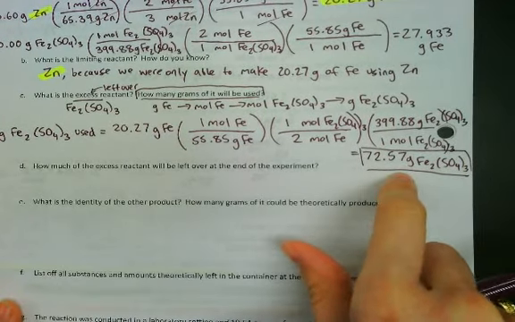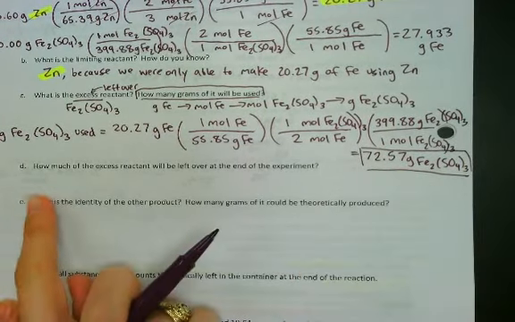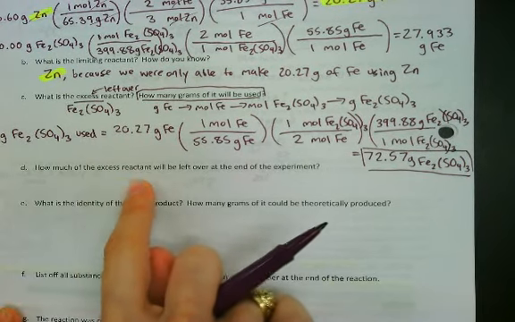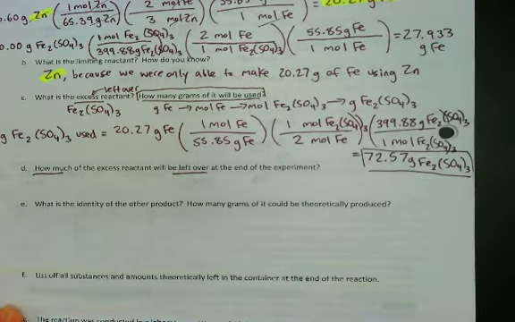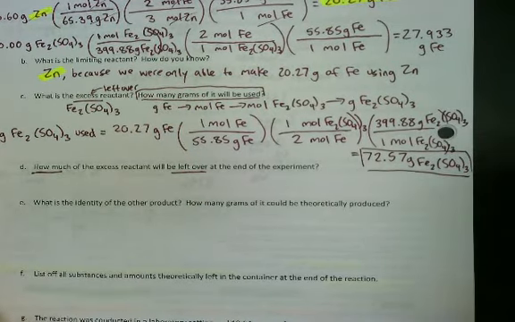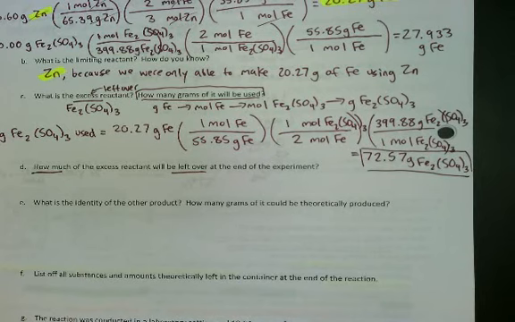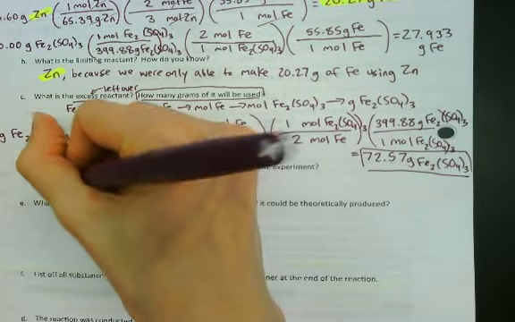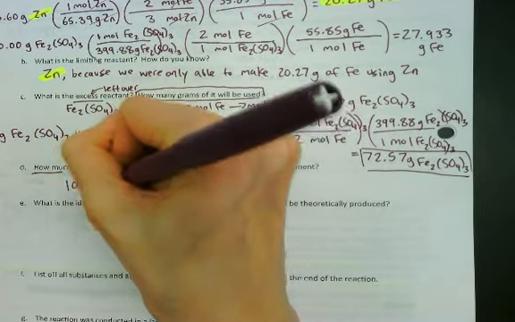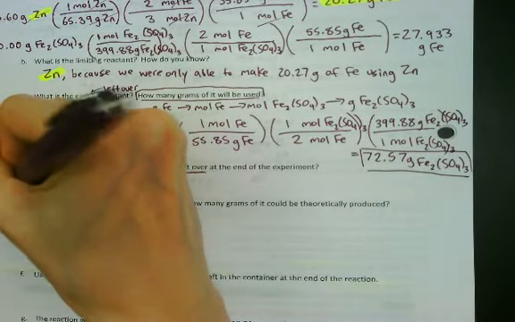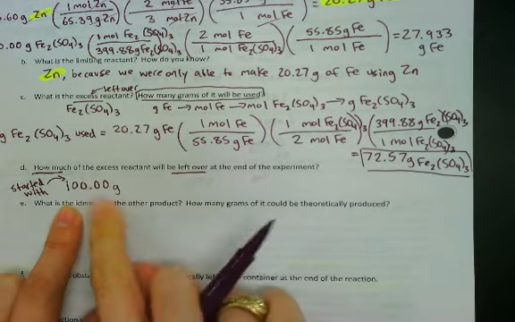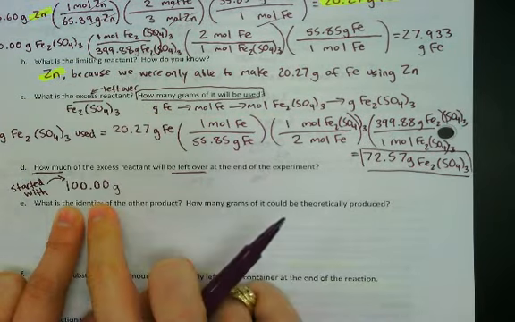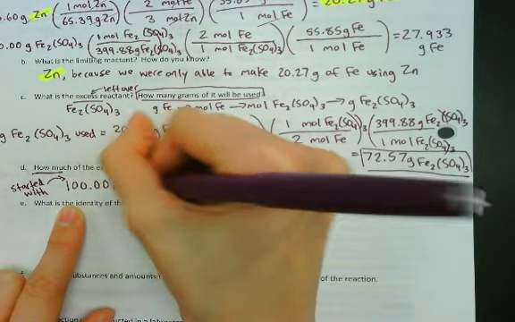How many grams of our excess reactant will be used? Our next question asks us how much of the excess reactant will be left over. How much is left over at the end of the experiment? All we have to do to figure out how much was left over, y'all, is just take our 100 grams here, the amount that we started with, and we're going to subtract what we used from what we started with.